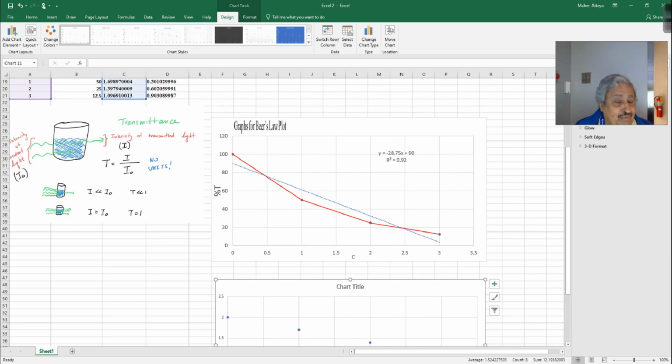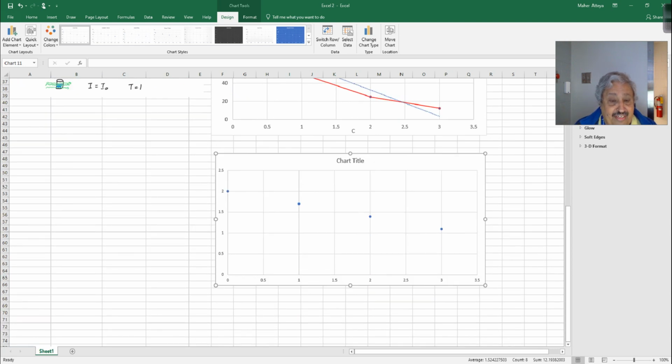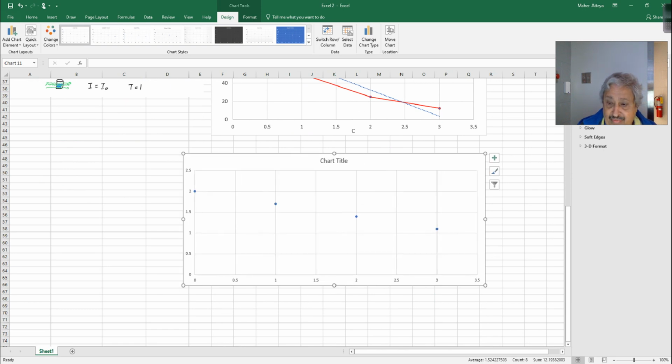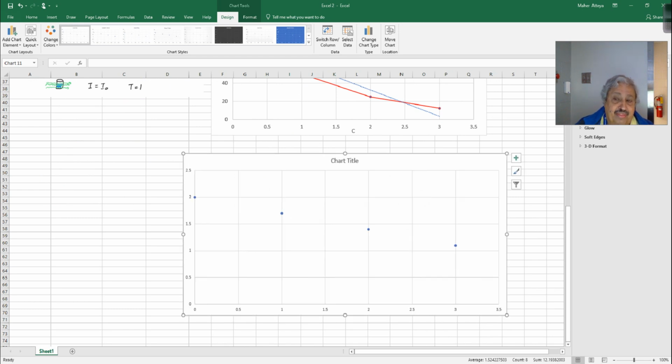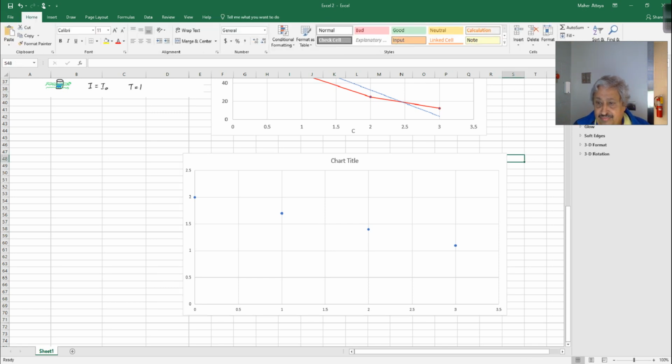Here, even fancy, I get for you the regression and the linear relationship between the y and x-axis, between transmittance and concentration. And here you put the title. This is log, correct? You can increase it here, and you can add your x here.